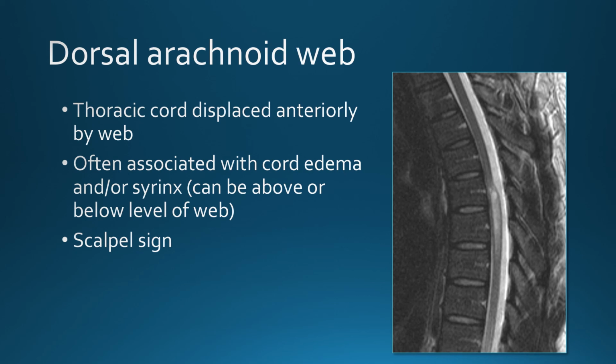So the thoracic cord, they're generally thoracic, is displaced anteriorly by the web, and it's often associated with cord edema and or syrinx. And the cord edema or syrinx can either be below the web or above the web. So in this case, it's below the web, but in other cases, it's above. And the important thing here is recognizing that scalpel sign, which is virtually diagnostic of the dorsal arachnoid web.